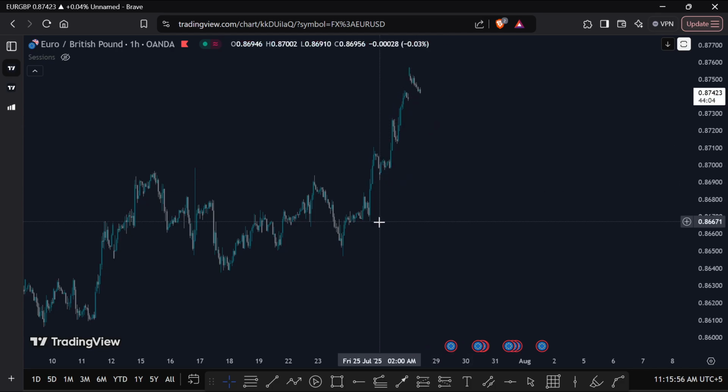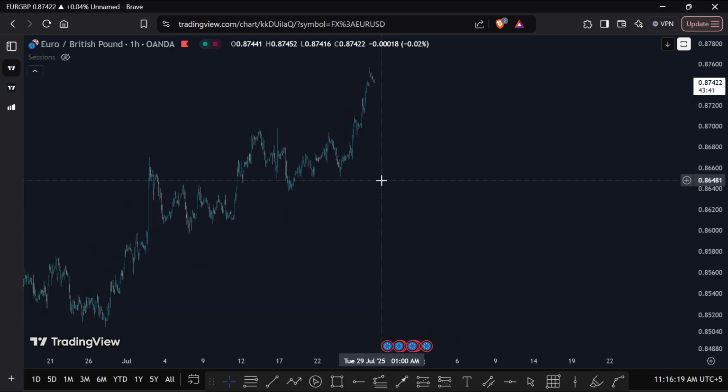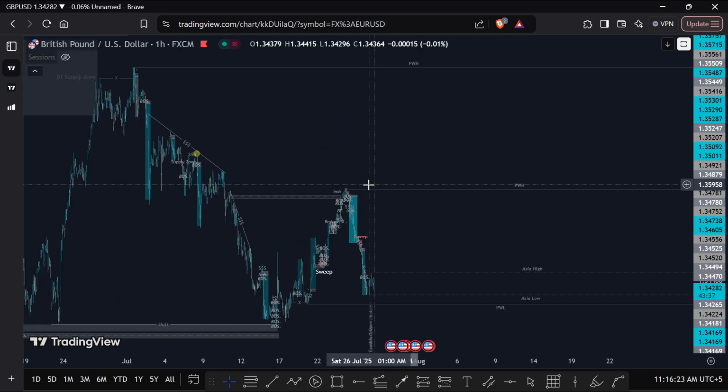So with any bullish moves in both pairs, Euro will perform much better compared to GU, and any bearish moves will be performed much better on GU compared to Euro. GU will have bigger bearish impulses, and Euro will have bigger bullish impulses than GU. So that's the thing.